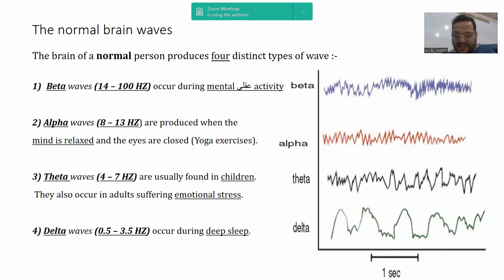The third one is theta, less than alpha, from 4 to 7 hertz. It appears in children and in any adult suffering from emotional stress.